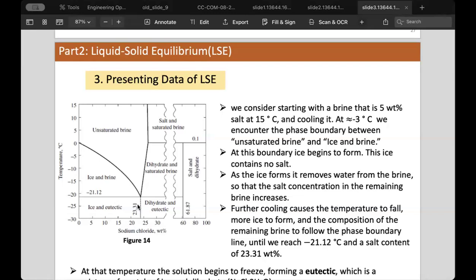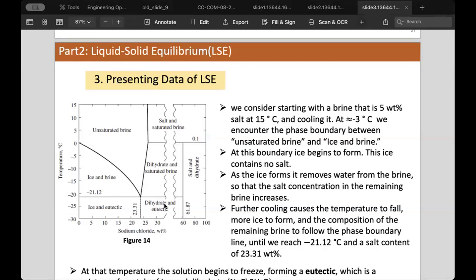Okay, so for example, if we start from here, it reaches the equilibrium of the saturated brine. Here it separates into ice and brine. When it reaches this area, it changes to ice and eutectic. What does it mean?